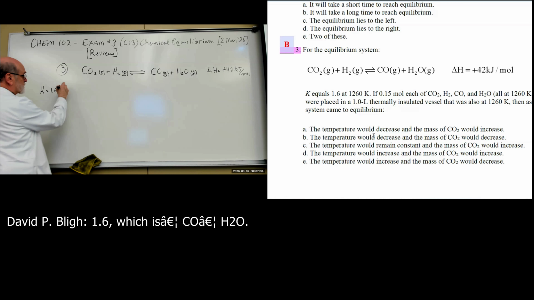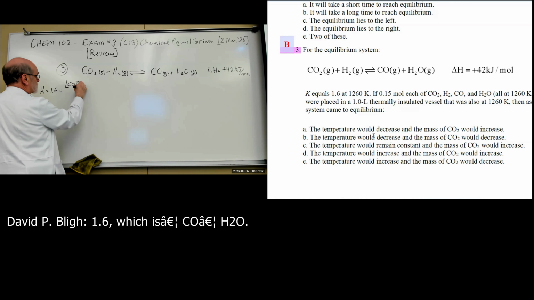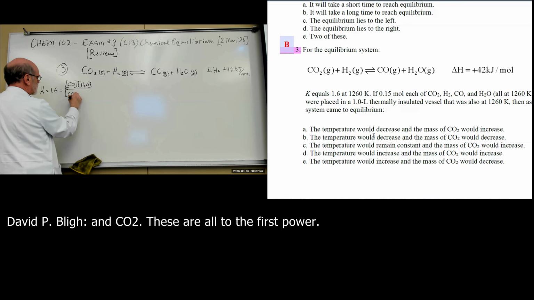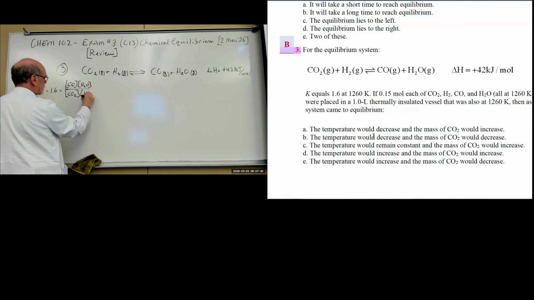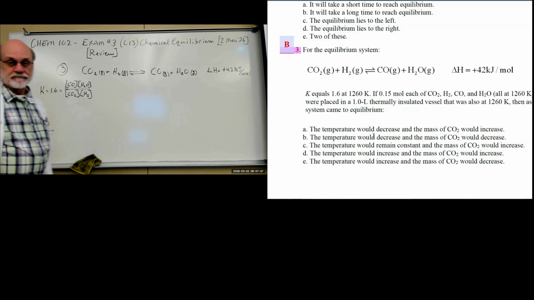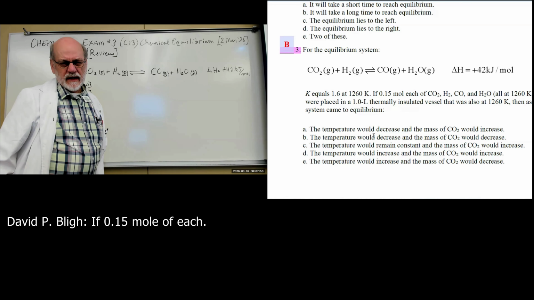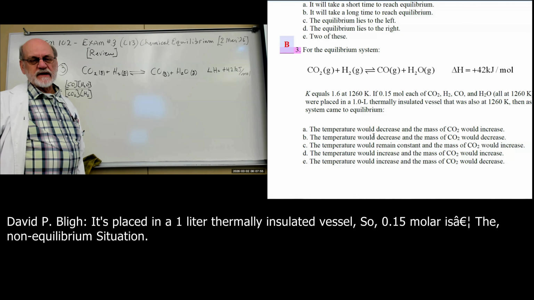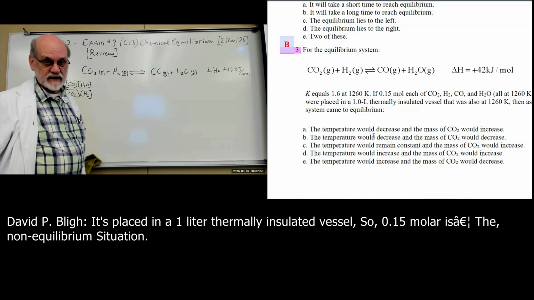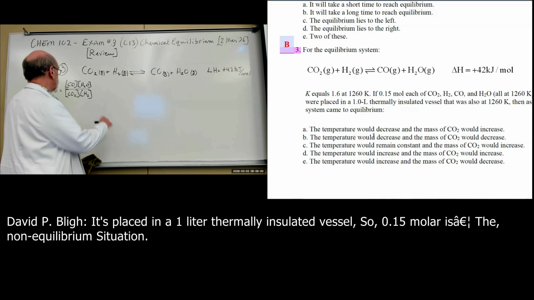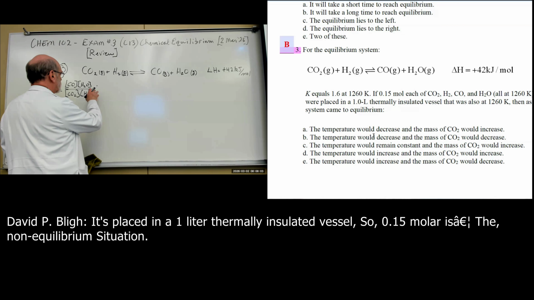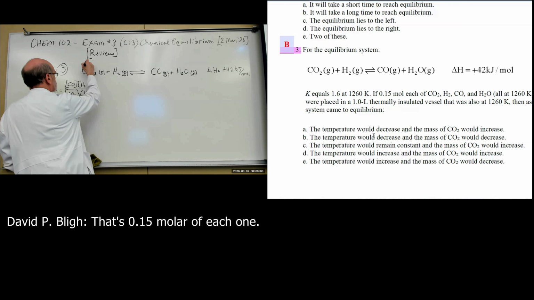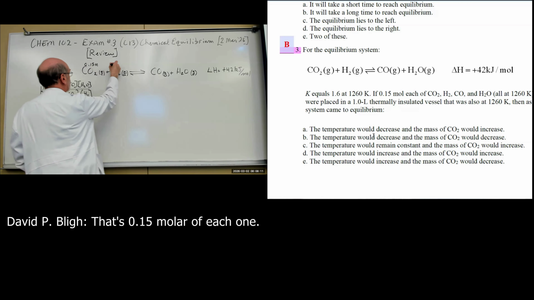1.6, which is CO, H2O, and CO2. These are all to the first power. That's what that means. If 0.15 mole of each is placed in a 1 liter thermally insulated vessel, so 0.15 molar is the non-equilibrium situation, 0.15 molar of each one.